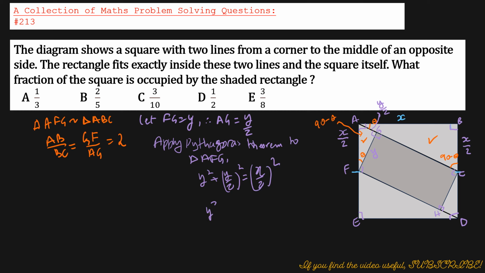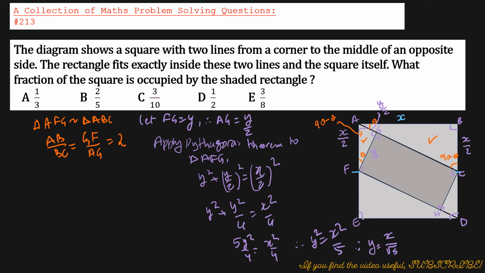So that would give you y square plus y square out of 4 equals x square out of 4. So this will give you 5y square out of 4 equals x square out of 4, and therefore the 4 and 4 cancel out. You are left with y square equals x square out of 5, and therefore y equals x out of root 5.